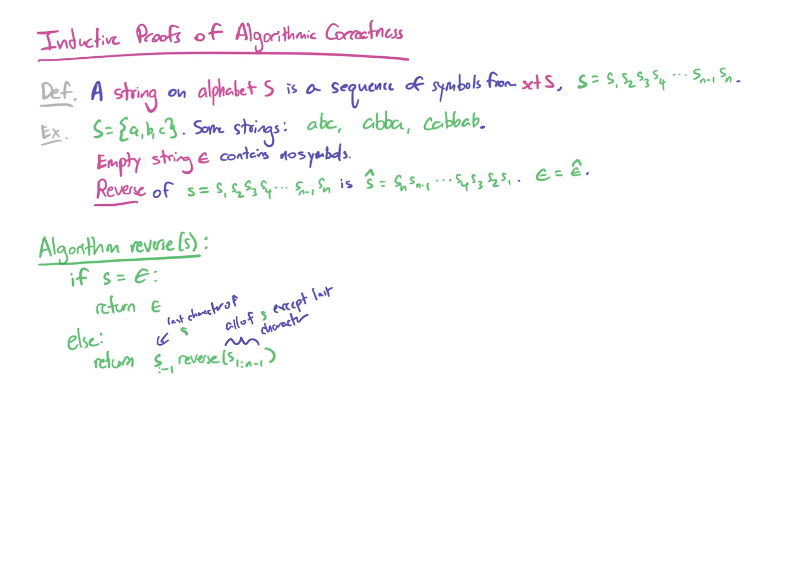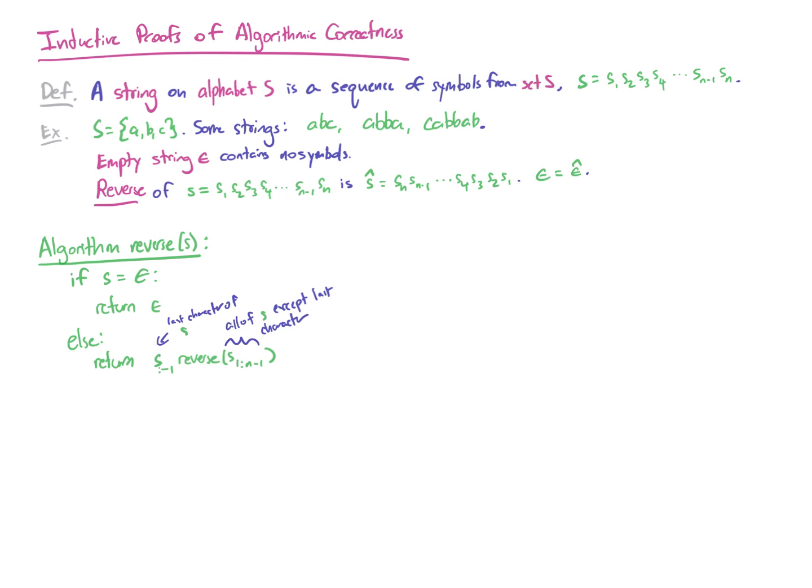It's recursive because it's an algorithm reverse that calls itself. This is our base case, and this is our recursive case. If the phrase base case sounds familiar from induction, it really is. An awful lot of the structure of induction is extremely parallel to the structure of recursive algorithms.